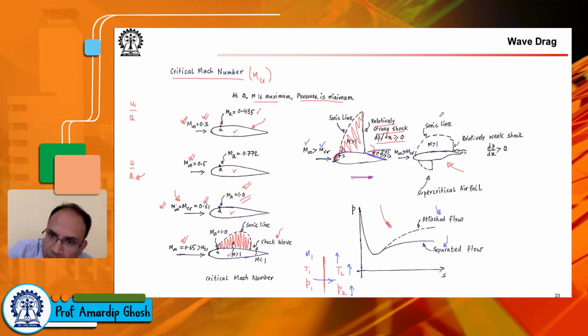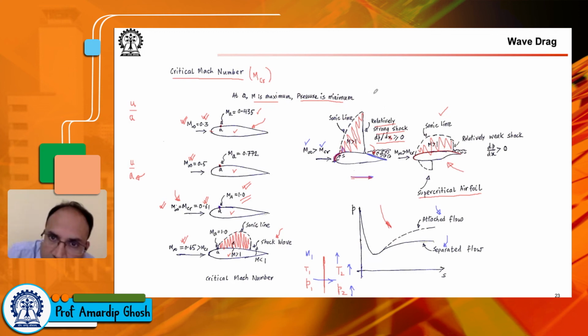Now you will see that sometimes we try to mitigate these problems by using some intelligent design. So for example, here we have something called the supercritical airfoil, and you see that the top surface is flat, and this results in a supersonic flow field that is relatively confined to the wing surface.